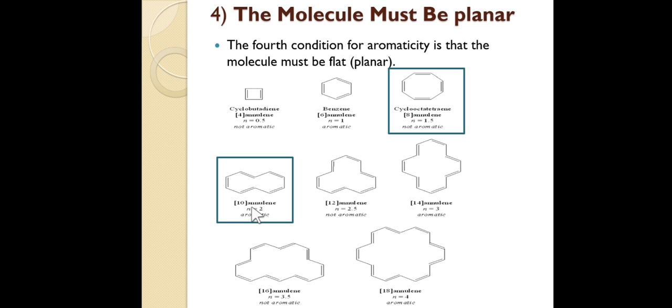So this is the mistake over here. It said aromatic, but these are non-aromatic compounds, not aromatic compounds. Okay, 10 annulene as well as 8 annulene, they are not aromatic compounds. Please correct this mistake. So these are the criteria for aromaticity.